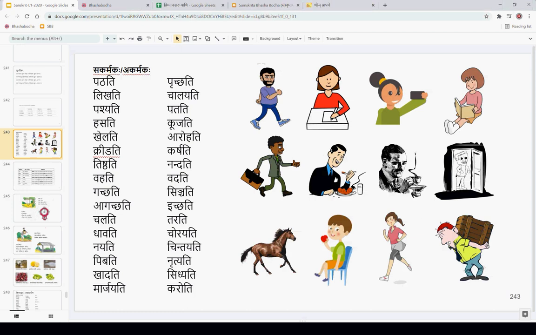So agacchati is also same. Agacchati is coming, somebody is coming, balaka agacchati. So that is also, he is reaching after walking. So that whole thing, going and reaching, is indicated by the gacchati kriya padam.